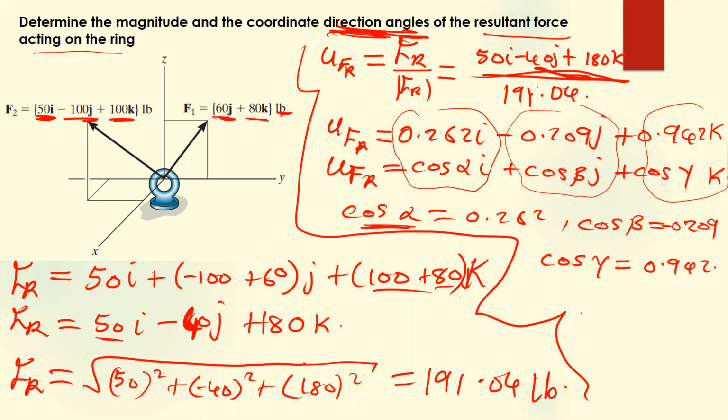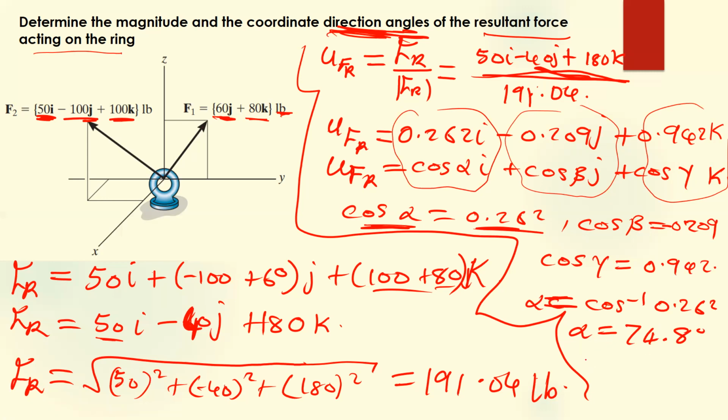So we find alpha by finding the cos inverse of 0.262, which gives 74.8 degrees. That is our first direction cosine angle.